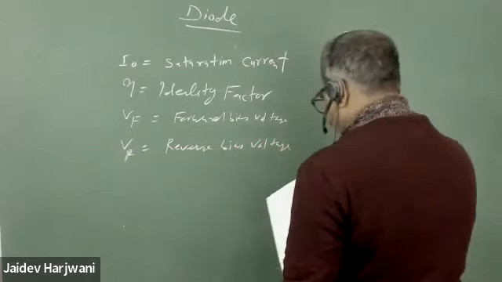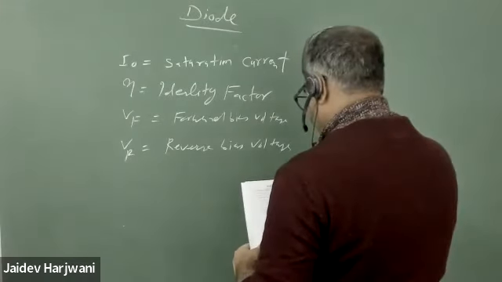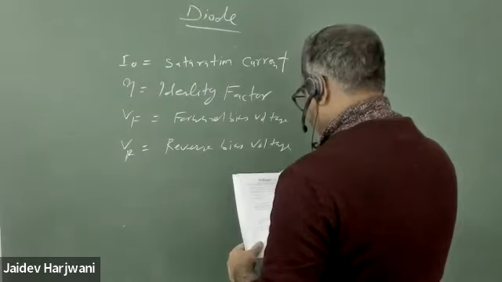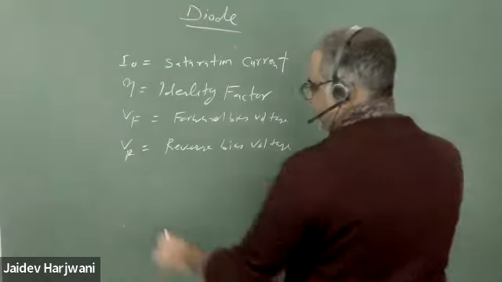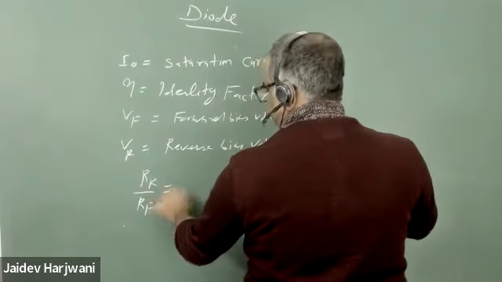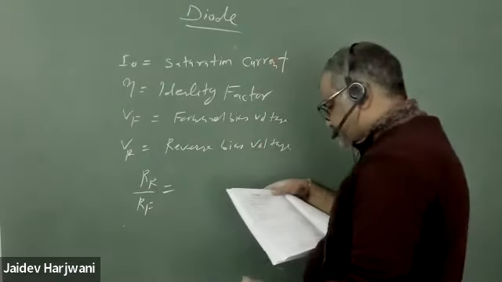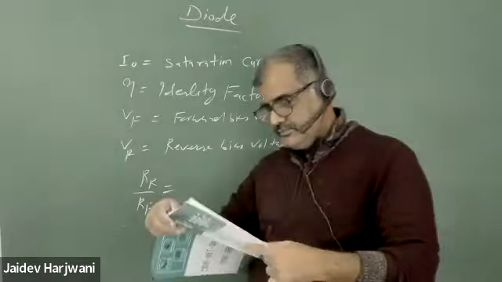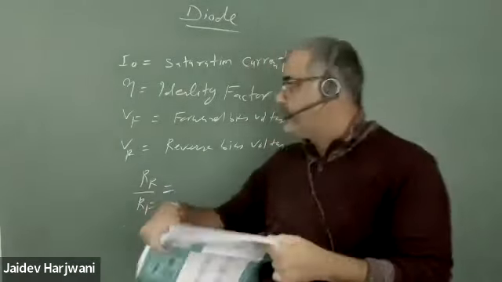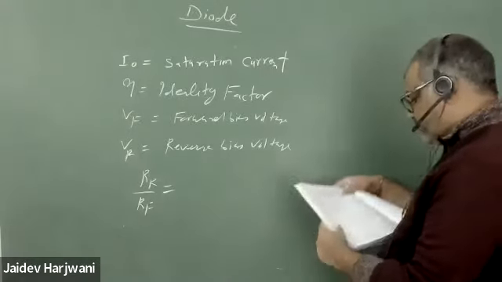They are asking what is the ratio of R reverse bias to R forward bias for the diode. And they have given you options.